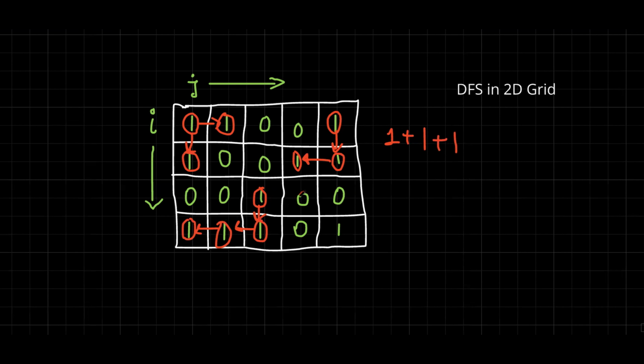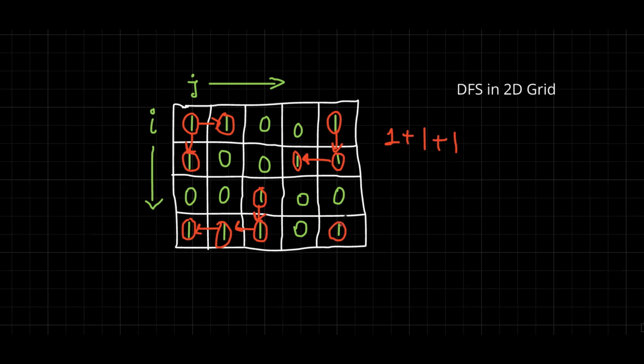Now, for this node, we cannot start the DFS because it is water. Similarly, for this node and for these 4 nodes, all of them equal to 0, we cannot start the DFS. But finally, we are at this node where it is 1. That means we can start one DFS here.